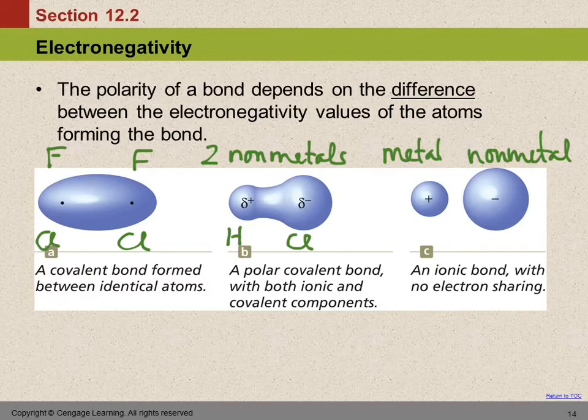We sometimes call that a nonpolar covalent bond. If we have two nonmetals, but they're different, we're just going to assume that it's a polar covalent bond. There's unequal sharing. If we've got a metal and a nonmetal involved, the metal's just going to give an electron, or more than one, to the nonmetal, and it's going to be an ionic bond.